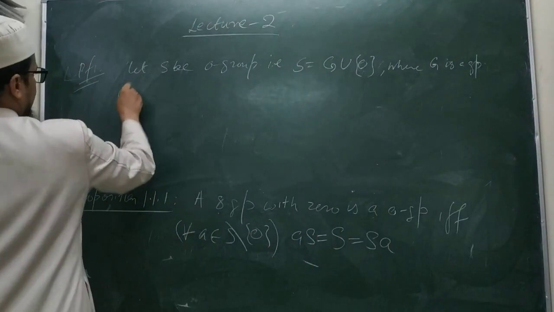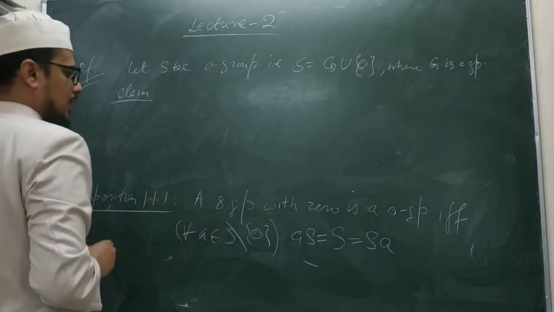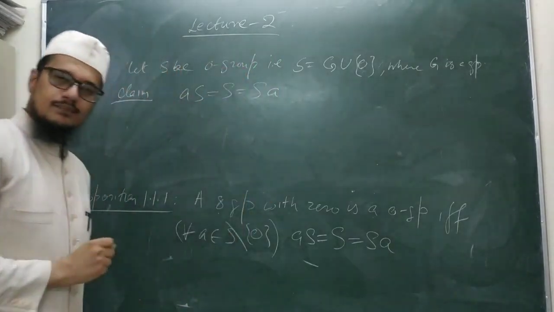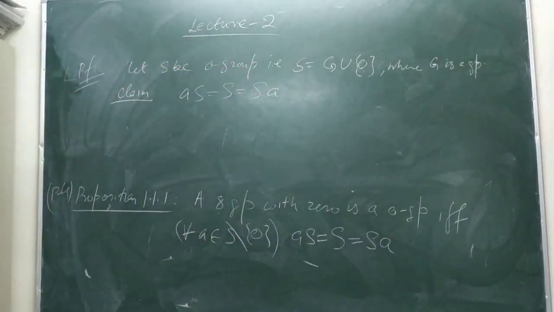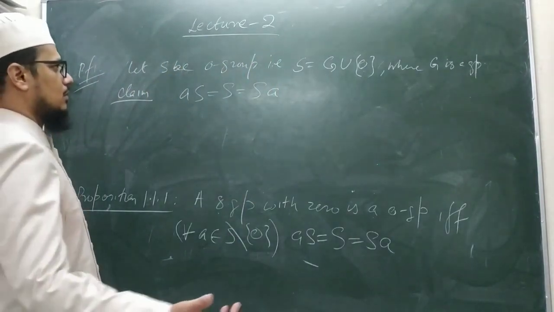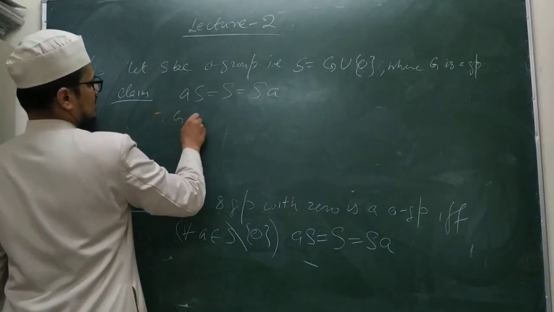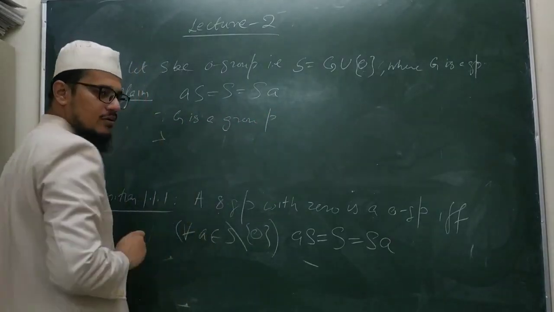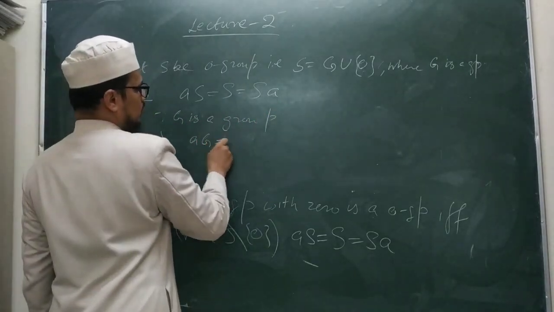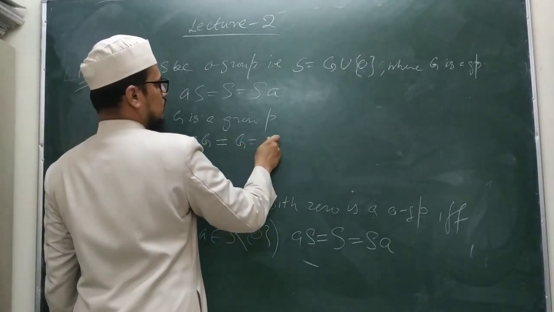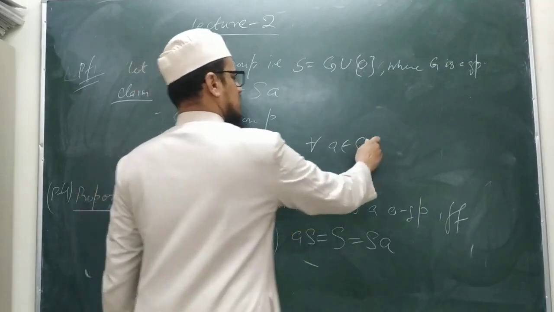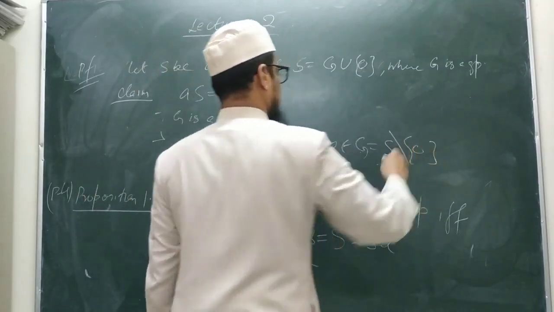Now what is our claim? Our claim is that AS is equal to S is equal to SA. Correct? We have to prove this. Since G is a group, therefore AG is equal to G is equal to GA for every A belongs to G, and G is what? S minus 0. Is it true or not?